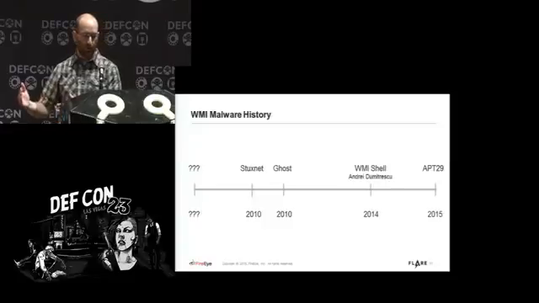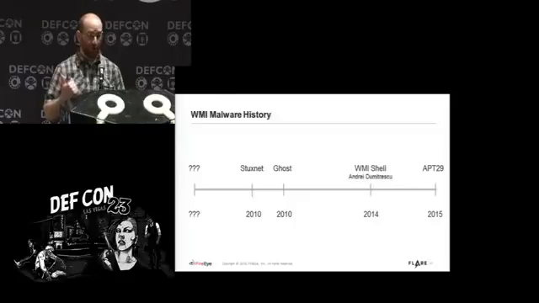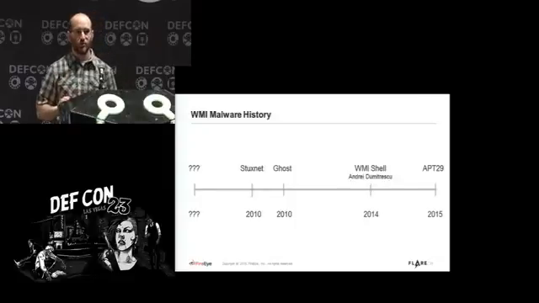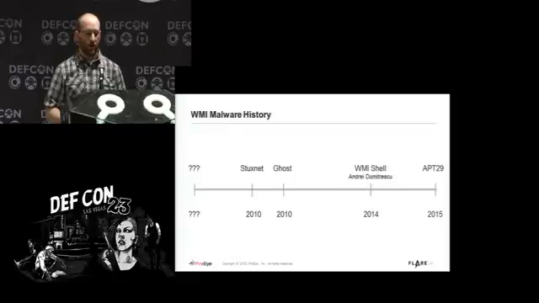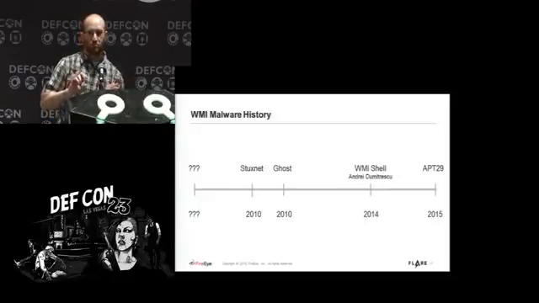Then, moving forward to 2014, there's a Romanian researcher who developed WMI shell. This was the first time that I had ever seen WMI used as a pure C2 channel. What he did was create and modify namespaces and stuff his payload in there. Say you created some namespace and placed in it an encoded PowerShell command.